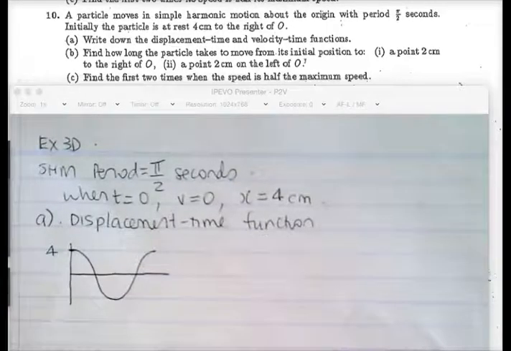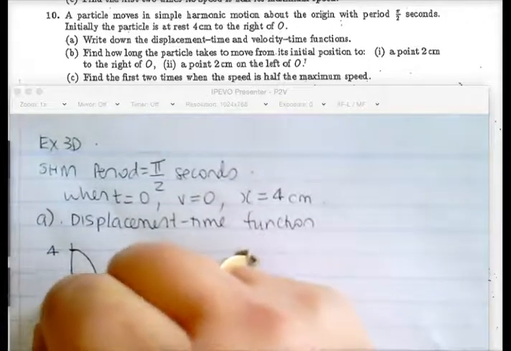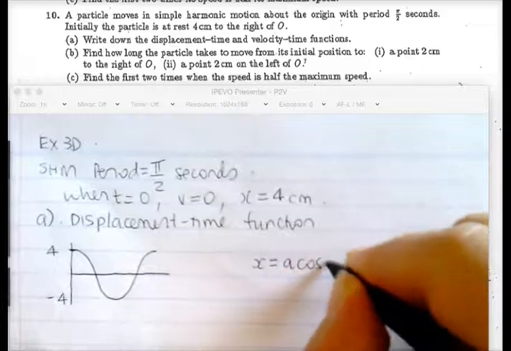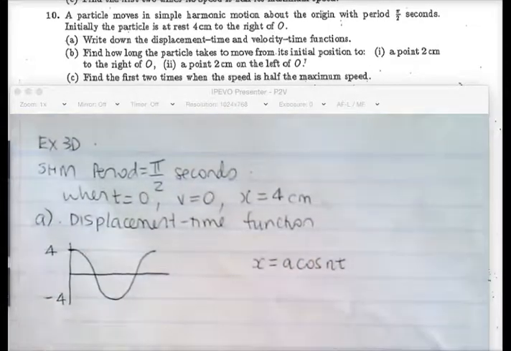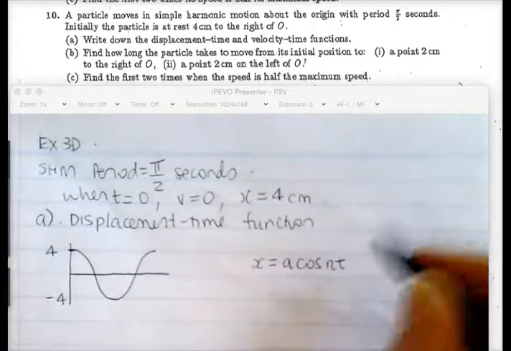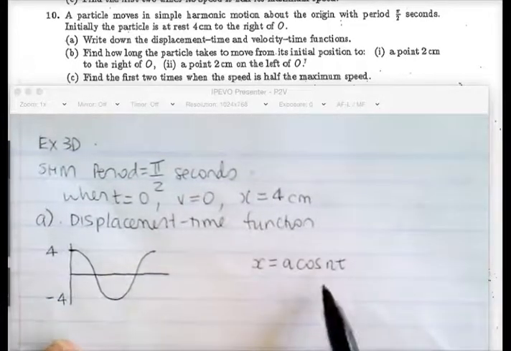If this starts at 4, what's the amplitude of your cos function? 4. So the general form is a cos(nt plus alpha). There is no shift sideways and no shift up or down, so this is just 4 cos something.